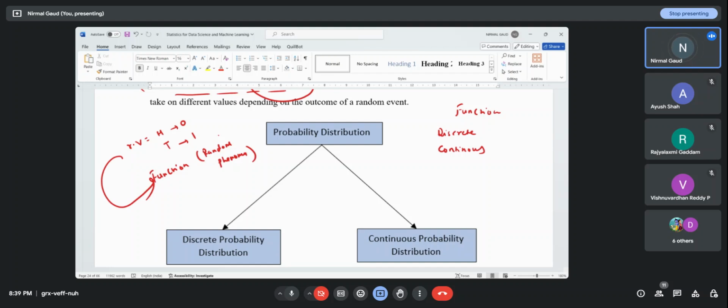After performing a phenomenon, a function, you get a result or outcome. If that outcome is discrete in nature, you can represent the discrete values with the help of a random variable. So understand the things technically.